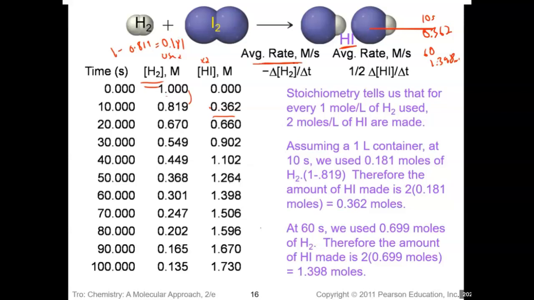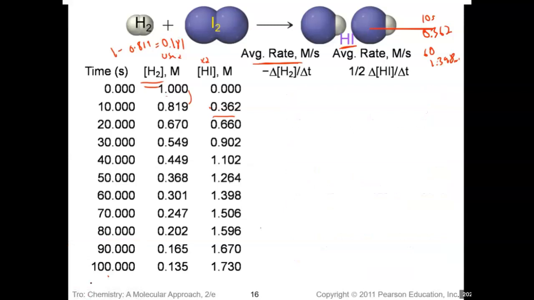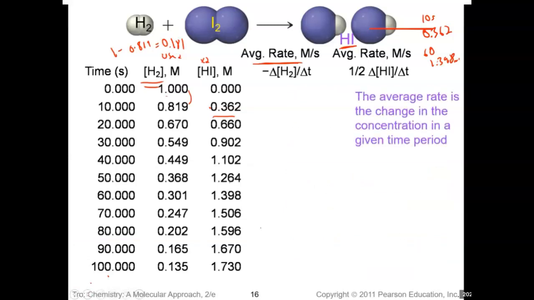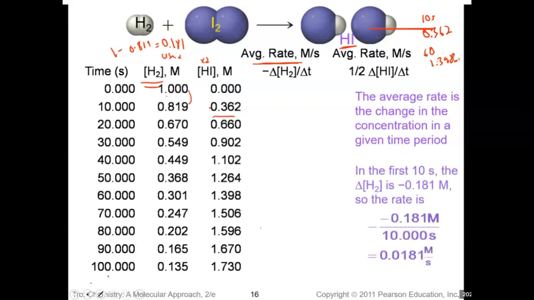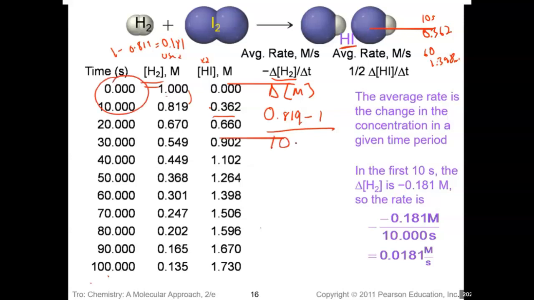I want to know the rates. So if I want to do my rate with respect to H2, again, the rate should be the same as it is with HI. I just have to correct for it. So if I look at my rate in the first 10 seconds, the change in my concentration over the change in time was 0.819 minus 1 over 10 minus 0.